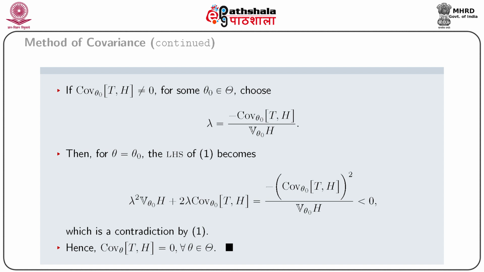This contradicts 1 for theta equals theta naught. Hence, covariance of T and H is equal to 0 for all theta belonging to Theta.